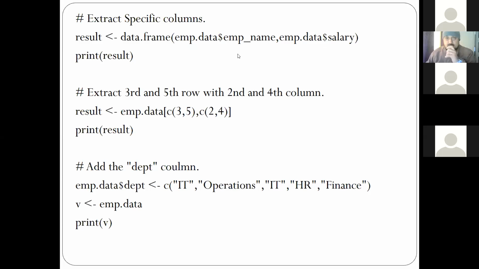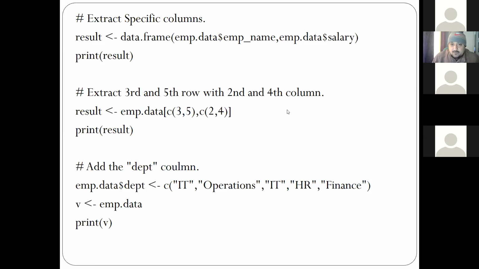You have to mention the specific column after this particular data frame name, and then you have to mention the dollar values. In that case we mention employee.data, then you mention the dollar and employee name. Similarly you mention employee.data$salary. In that case we are able to extract two specific columns, employee name and salary, from the defined data frame, and that will be printed through our print section.